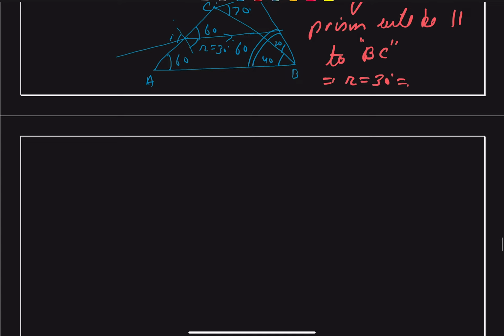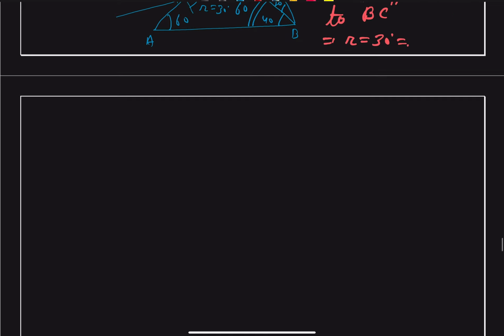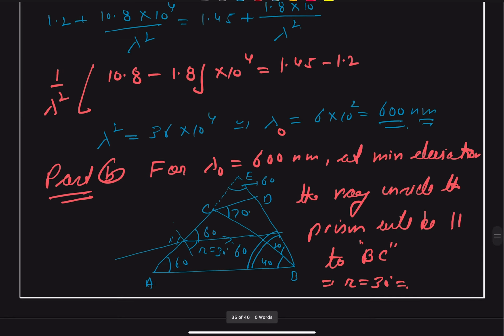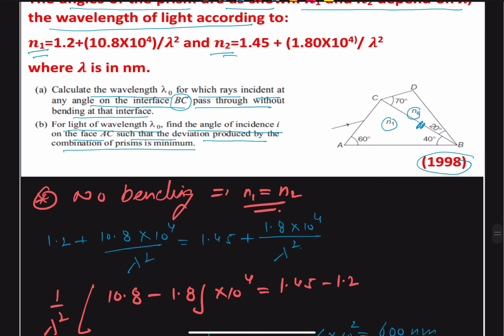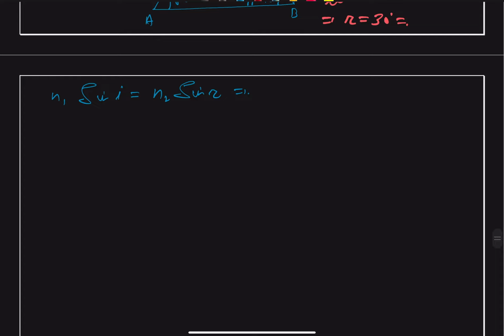Now we can easily use Snell's law. It is coming from air, so N1 sine of I will be equal to N2 sine of R. Let me write this N, and this is our N1.